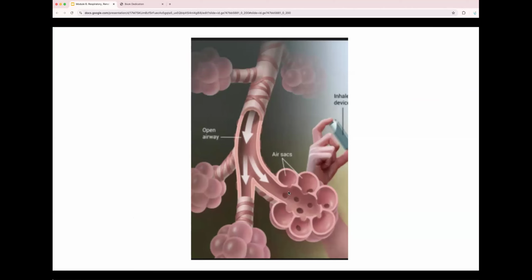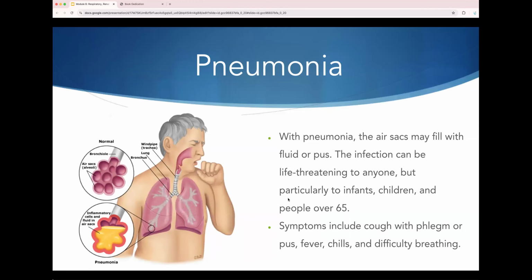Keep in mind one of the most important characteristics of an open airway that is ready to perform effective gas exchange is that the alveoli are just filled with air. That's it. The only thing that should be inside your airways is air. Switch to pneumonia. The air sacs are filled with fluid and pus.